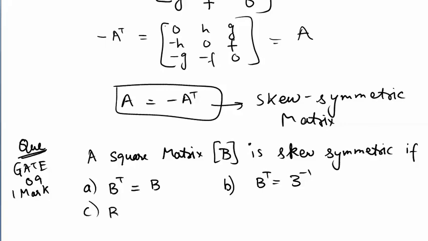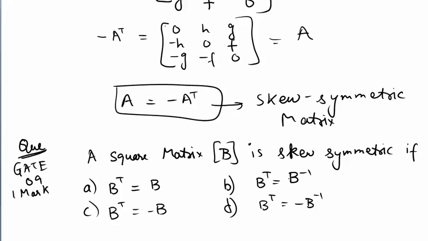Option C, B transpose is equal to minus B. And option D, B transpose is equal to minus of B inverse.